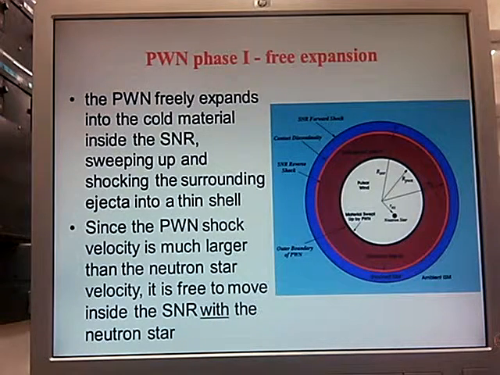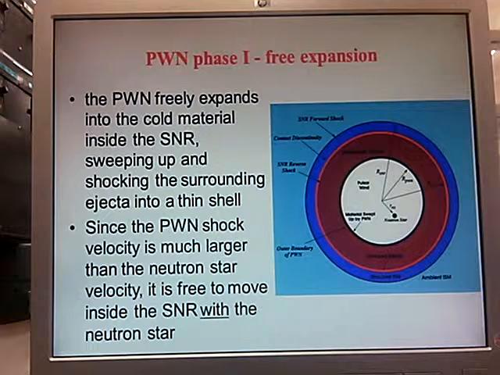And another way of saying it is the pulsar wind nebula shock velocity is much larger than the neutron star velocity. So the wind is free to move with the neutron star inside the supernova remnant, i.e. everything stays nicely centered. So everything moves initially nicely together, but then, thinking about the supernova remnant shock, that's already reached material that's slowing it down compared to that initial explosion.